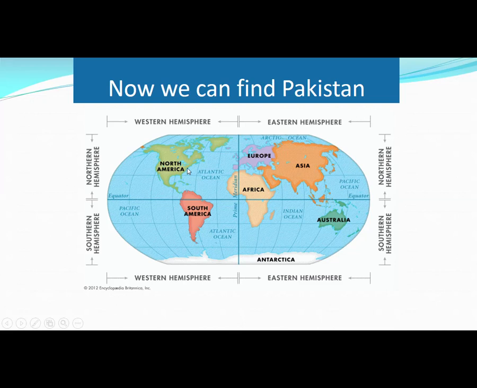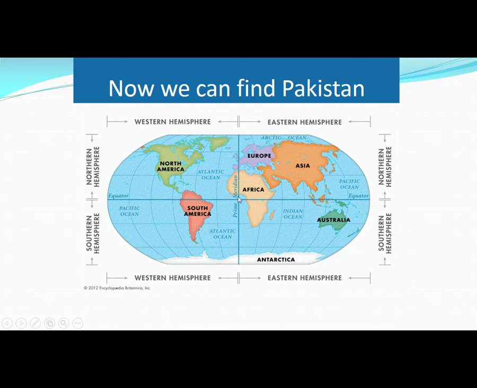Is that clear? Now you can see North America. Why is it called North America? Because it lies in the northern hemisphere. Half of Africa is lying in the northern hemisphere. Europe and Asia are in the northern hemisphere and the eastern hemisphere as well.